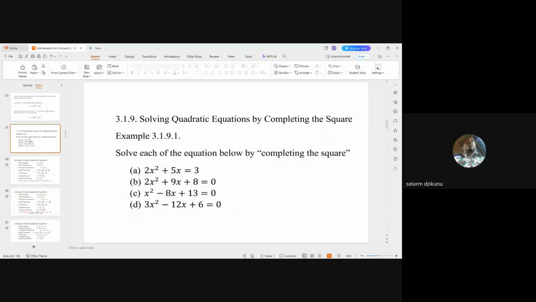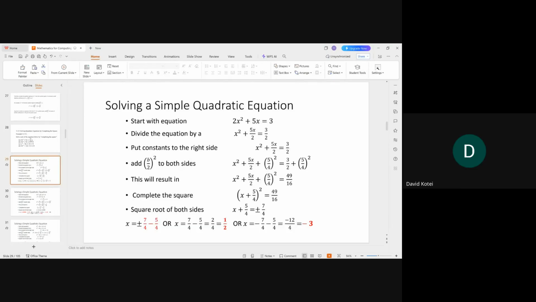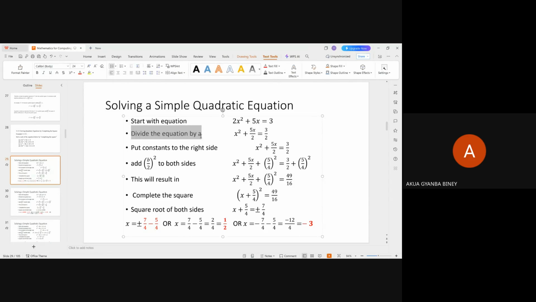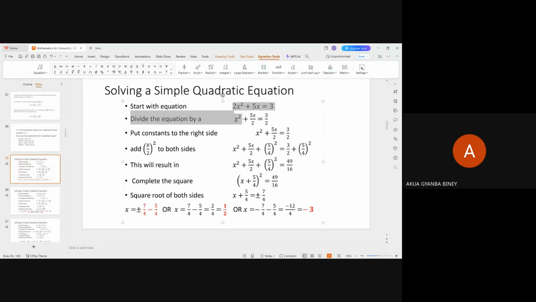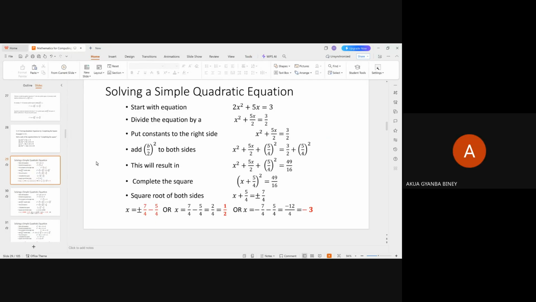So, madam, to the third one, please, when A is 1, what do you do? You end up getting the same answer. So I am saying that I put these steps together so that every time you do it, you divide the equation by A. If A is 1, you end up getting your normal equation. But if you don't bring in this step and A happens not to be 1, we can forget.